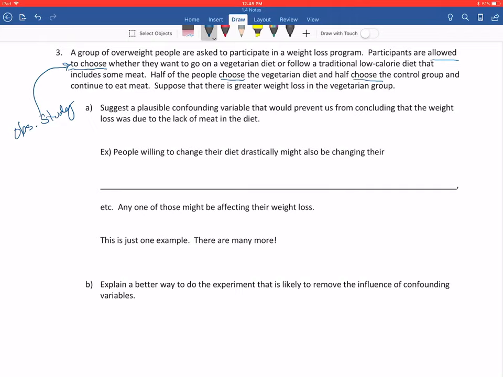So it says suggest a plausible confounding variable that would prevent you from concluding that the weight loss was due to the lack of meat in the diet. So an example here would be someone who's willing to change their diet drastically.